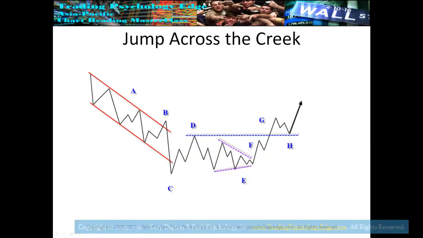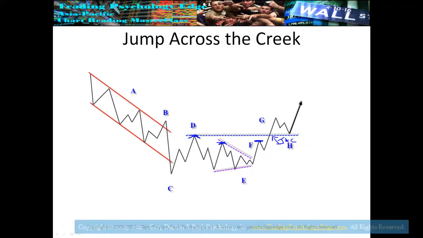The idea is this, that there's supply here, and there's supply here, and there's supply here. And the market is not able to get across that supply until this point, until it's able to jump across that creek of supply.